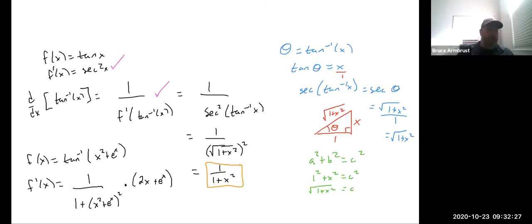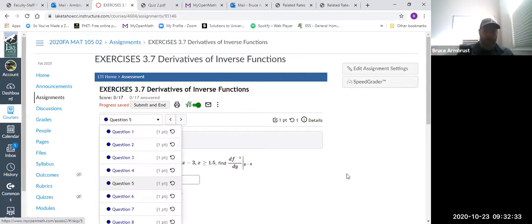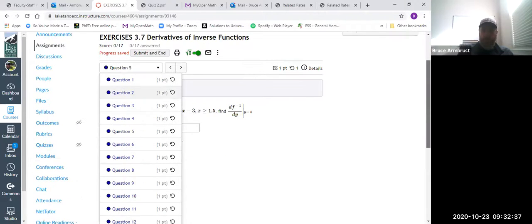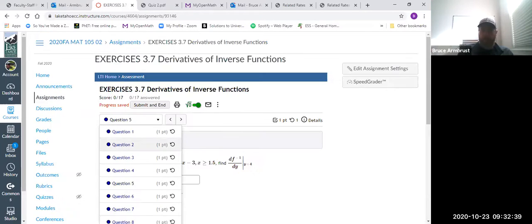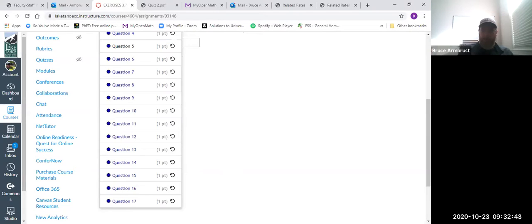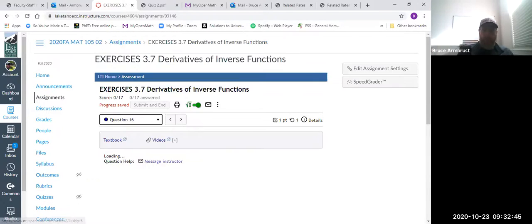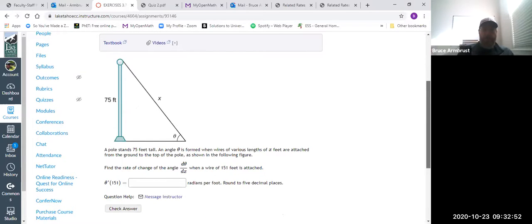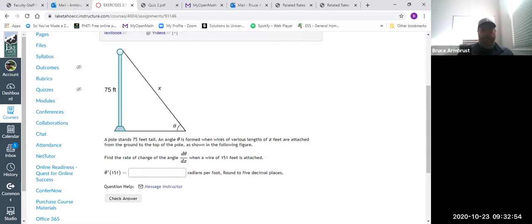Okay, so the other one that Tim asked about was 16. A pole stands 75 feet tall.